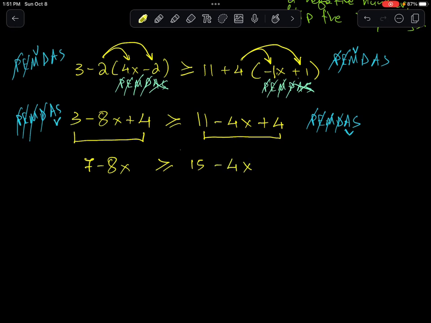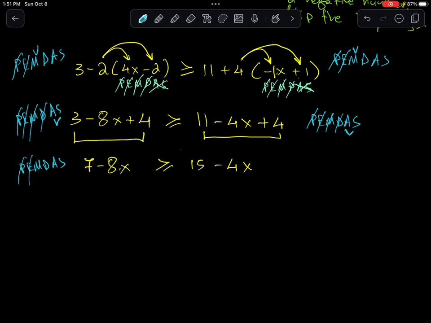Okay, so now I got a new line. To continue, I need to apply a new PEMDAS to the left and then a new PEMDAS to the right. Let's apply a new PEMDAS to the left. Do I have a parenthesis? No. Exponents? No. Multiplication?